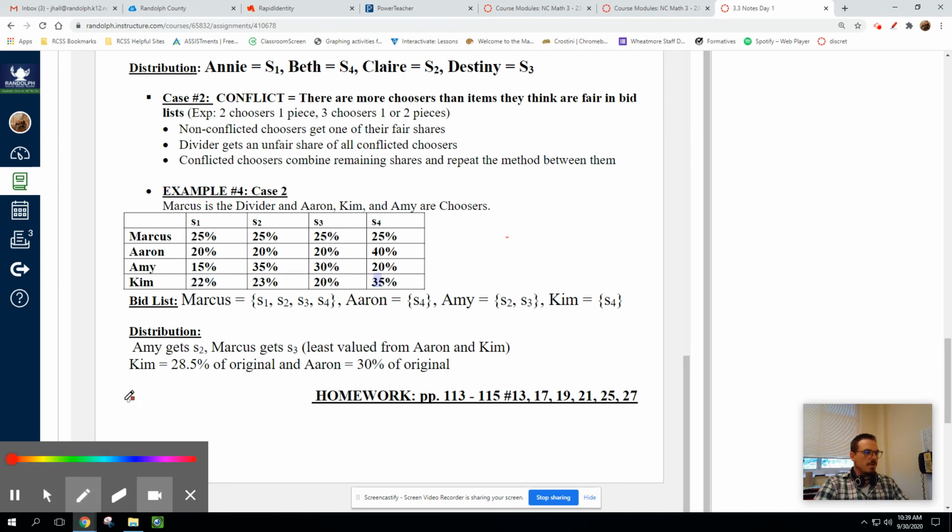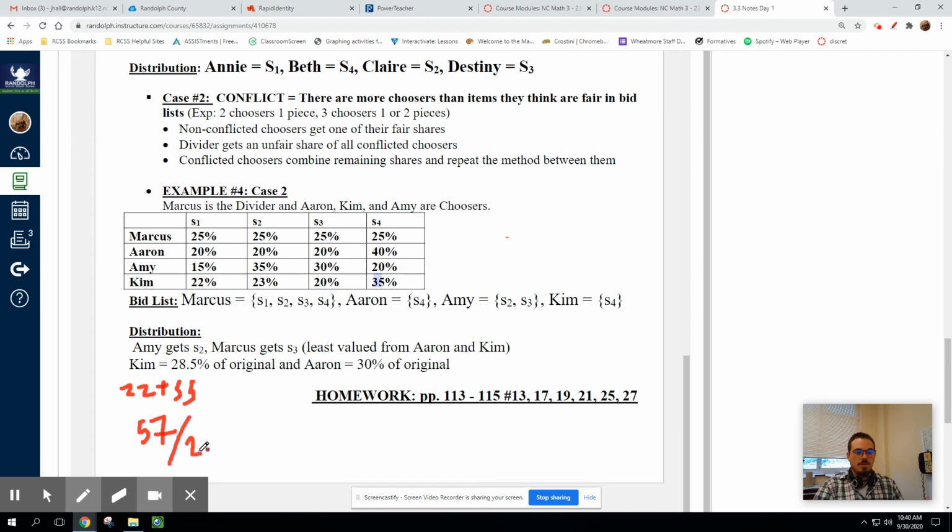So for Kim, that's 22 plus 35. So 22 plus 35, that's going to give us 57. And then we divide that in half. So she's going to get a piece of both of those. And that's where we get our 28.5%.